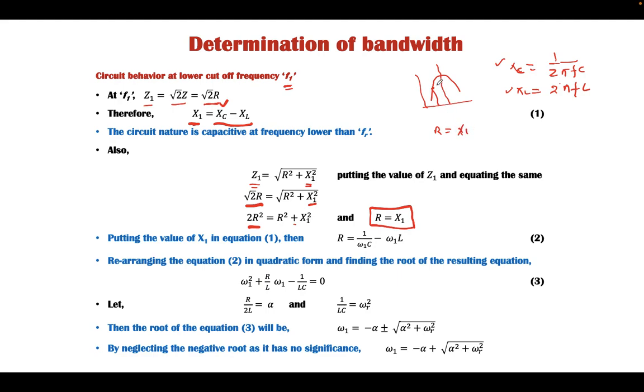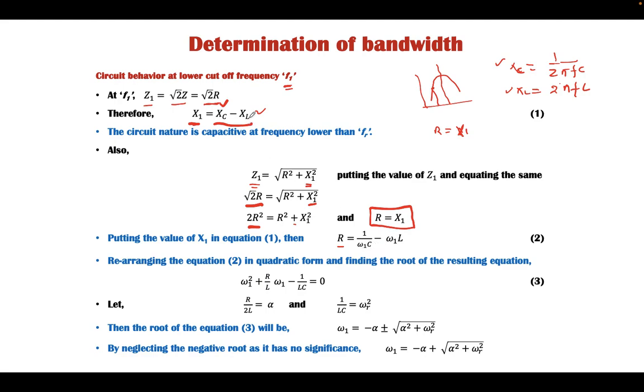Similarly, we can find this at the upper cutoff frequency. Now, rearranging, R is equal to X1. If we put X1 equal to R, then the resultant equation will be R is equal to 1 by omega 1 C, since XC is 1 by omega C, and the frequency is F1, correspondingly it is omega 1.